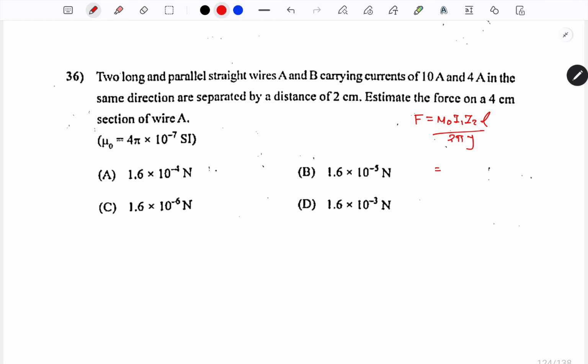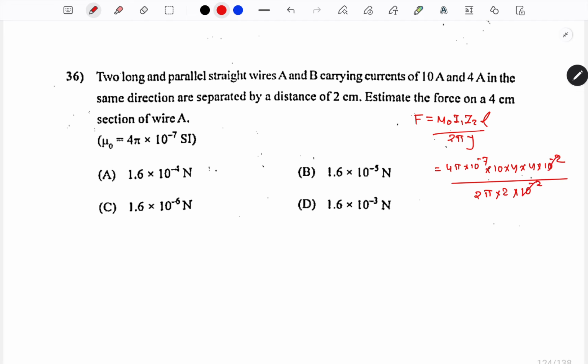So 4 pi into 10 to the power minus 7 multiplied by 10 multiplied by 4 into 10 to the power minus 2, because it is 4 centimeters, divided by 2 pi into 2 into 10 to the power minus 2.